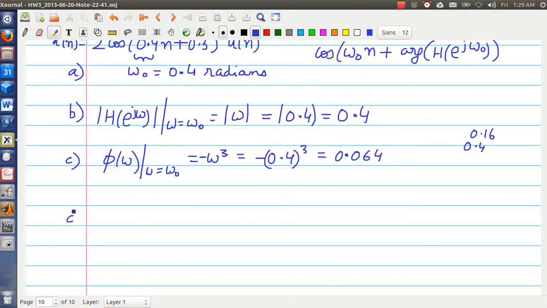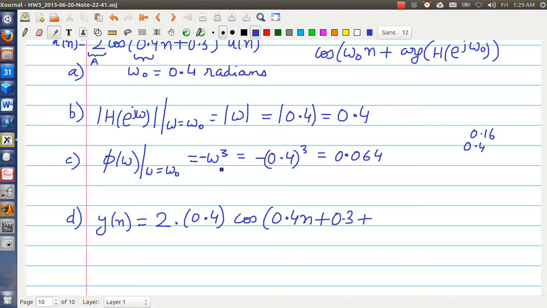So the output y[n] is the original amplitude A, 2, times the magnitude at that frequency, cosine, the original cosine was 0.4n plus 0.3, plus the phase of the filter.